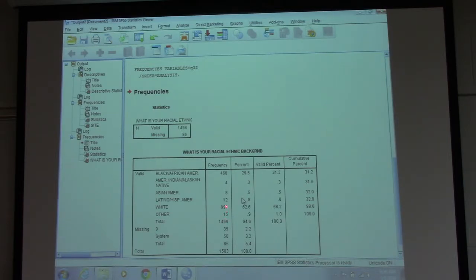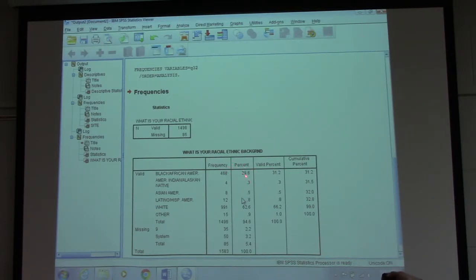1,498 identified their race. So I might say, what percent of teachers in this sample are Black or African American? And it's 468. But the more important number here is the valid percent compared to just the percent.